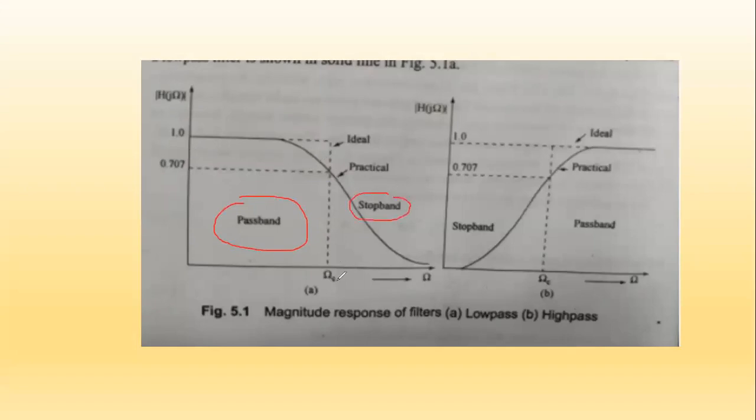The dotted line shows the ideal filter response. This is for the low pass and this is for the high pass. High pass is opposite to the low pass. Instead of passing these, we are going to stop those frequencies and allow all the frequencies which we want to pass. So this is the magnitude response diagram of the low pass and high pass filter.